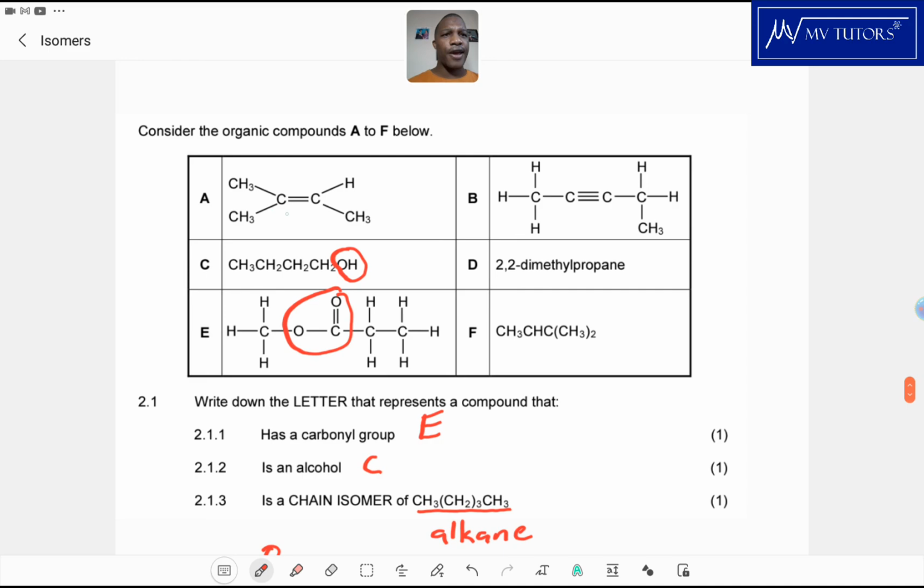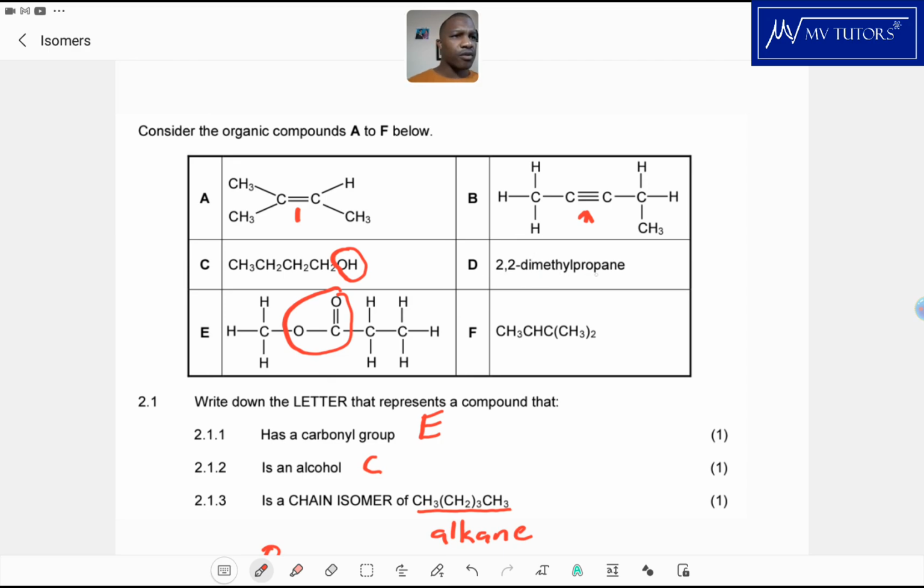Let's start again. A is not an alkane because it has a double bond. So that's an alkene. B is not an alkane. It's an alkyne because it has a triple bond over there. Okay, C is an alcohol because it has an OH.